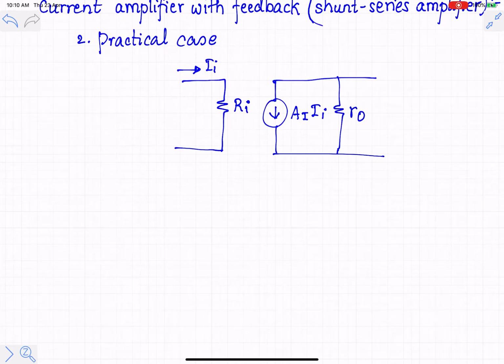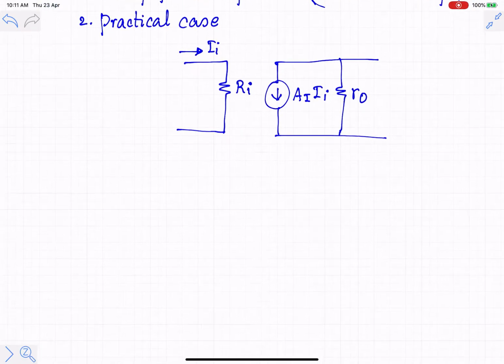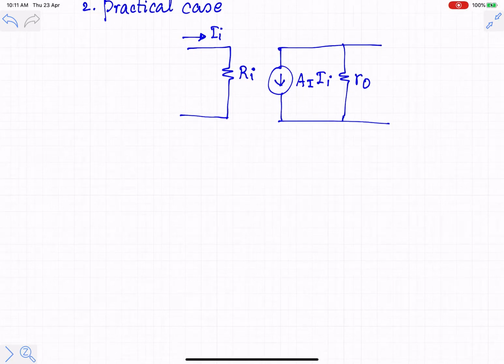Now the feedback network has input as a current and output is also current. So in practical case, the feedback network has the input impedance which is equal to R22.